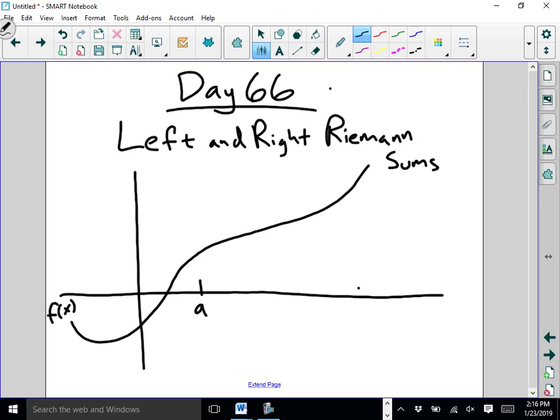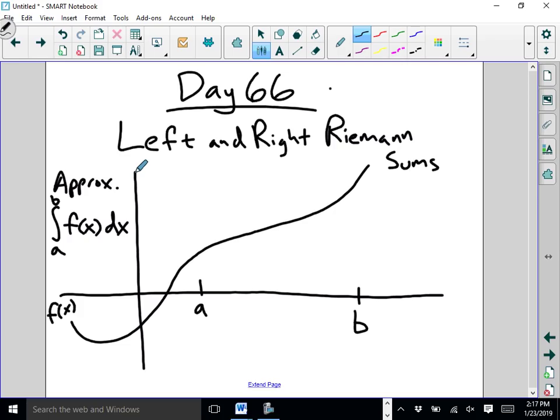What I want to do is approximate the integral from a to b of f of x dx. So I want to get an approximate value for the area between the curve and the x-axis from a to b. Now this is a curved function, right?